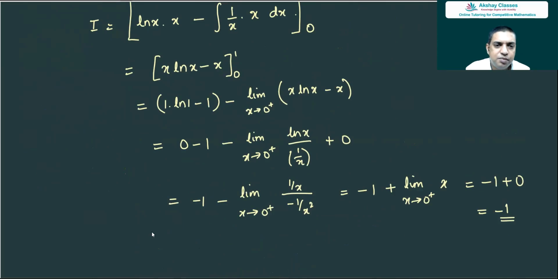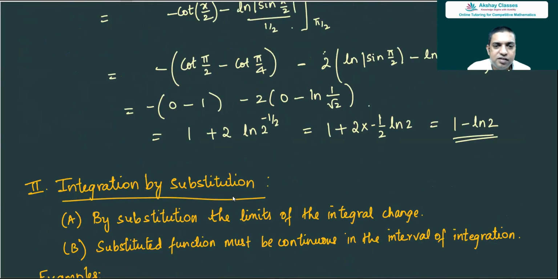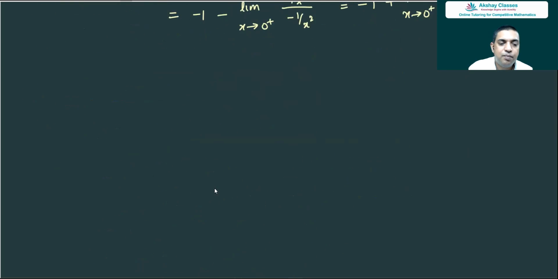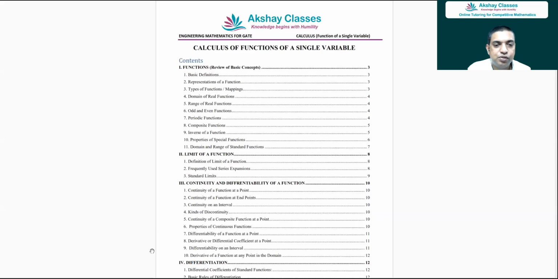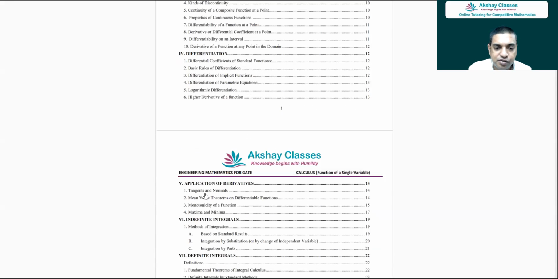Next comes, all right, all these standard methods are there, no problem. But there are some very beautiful properties of definite integrals which are used to find the integrals without doing calculations many times.